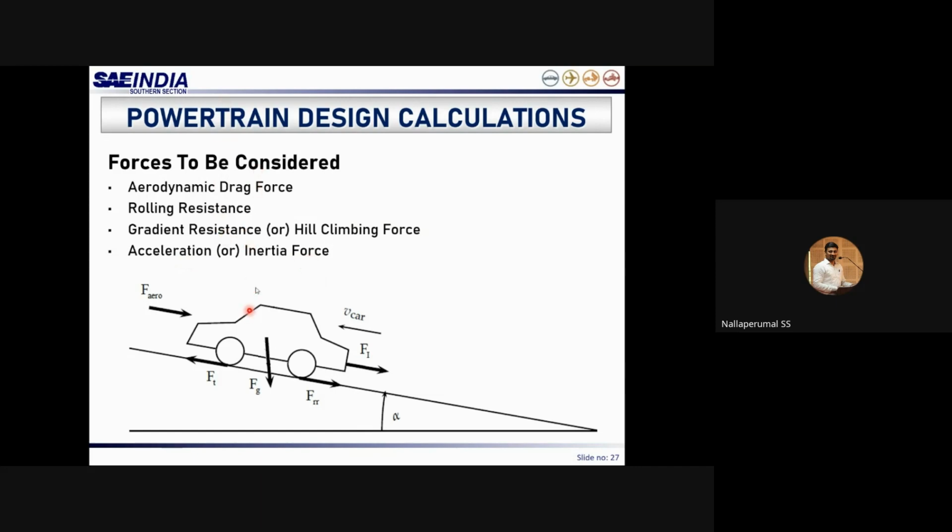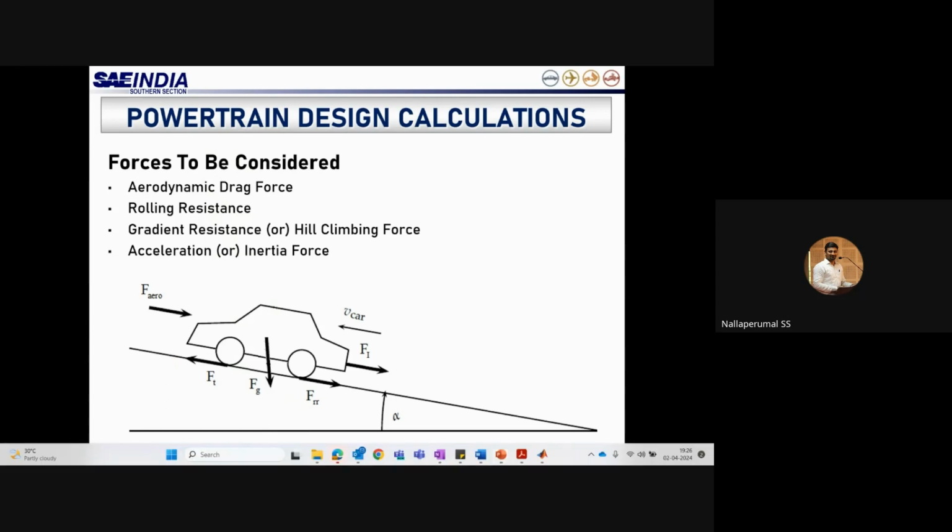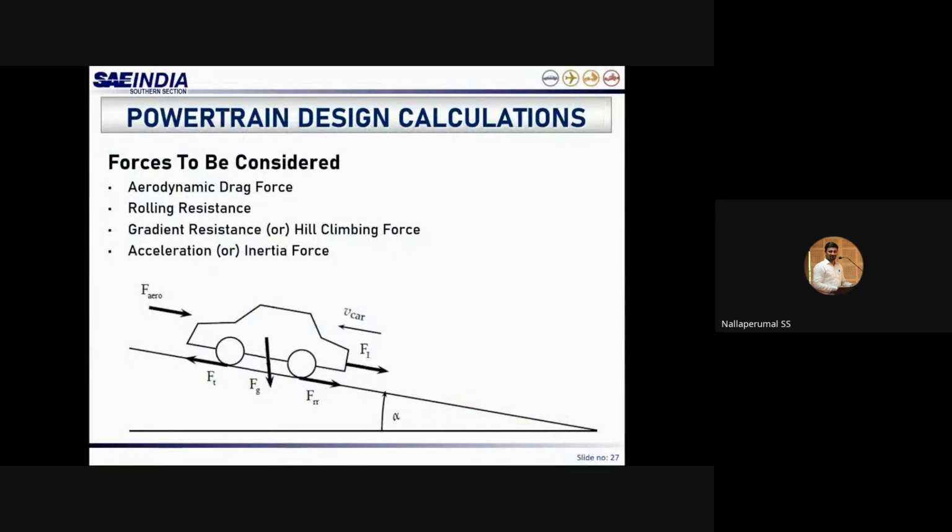So these are the forces that should be overcome. I would call all of these the resistance that acts. A vehicle that has to propel has to overcome all these resistances before moving further.